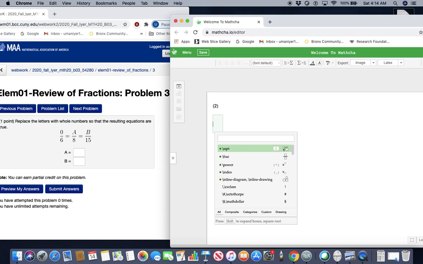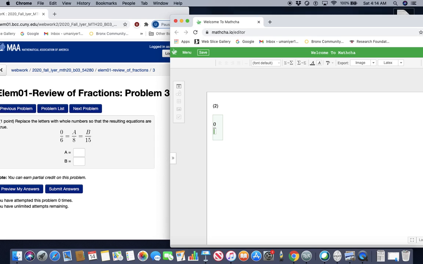First is the fraction 0 over 6. The second is the fraction A over 8. I'll work with these two fractions first to find A. The way you approach it is to cross multiply. When you have an equation of ratios or fractions, you can cross multiply. So A times 6 is 6A, and 0 times 8 is 0.